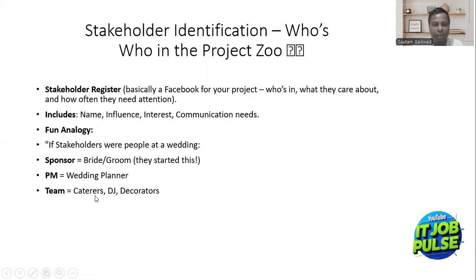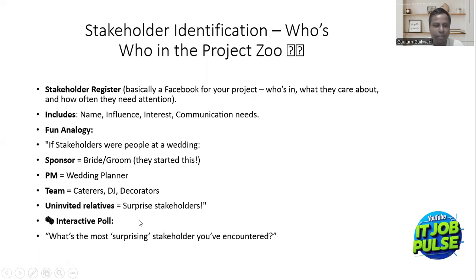The team is equal to the caterers, DJs, decorators. And the uninvited relatives are the surprise stakeholders. And then an interactive poll for you guys: what is the most surprising stakeholder you have encountered? If you ask me, there are so many.